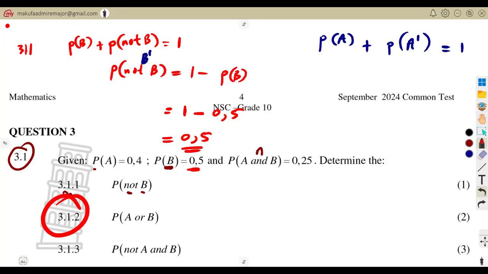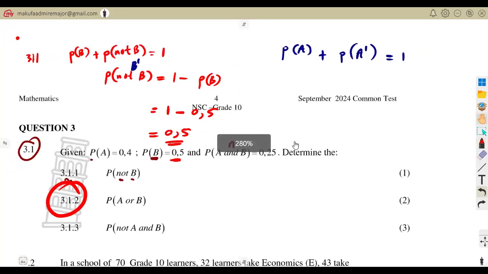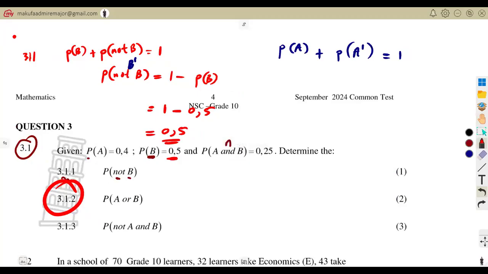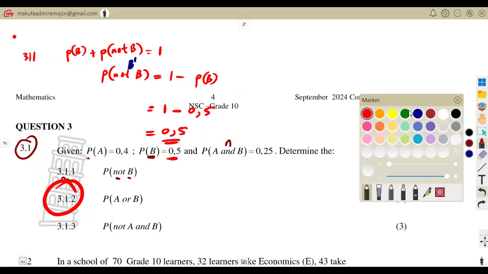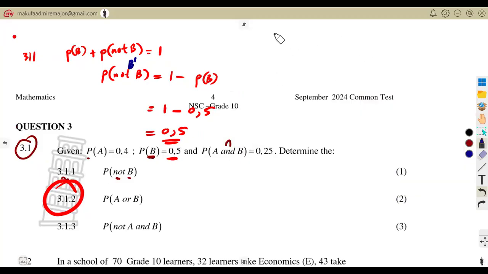Probability of A or B. From the understanding of our set notation in terms of probability, the basic law, as we just talked about, the Venn diagram concept, this is the first thing you are supposed to understand.